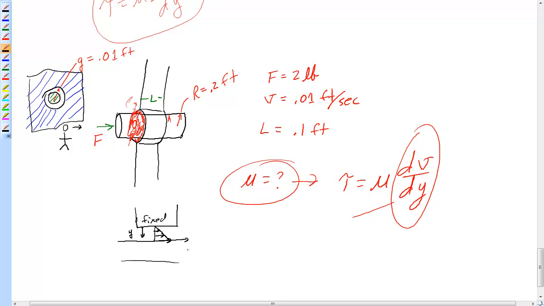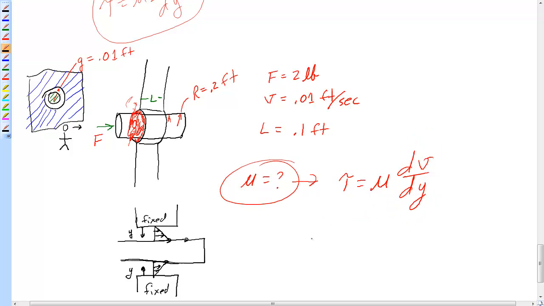But you could continue to draw the bolt, and then draw the fixed object on the other side, in which case your diagram would look like this, and your y would go this way. So, as it turns out, we need to address all of these issues here. Let's address this issue first.